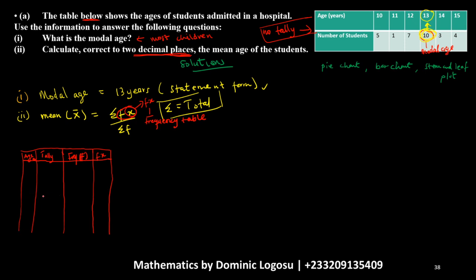Now let's put the ages on the table. 10, 11, 12.